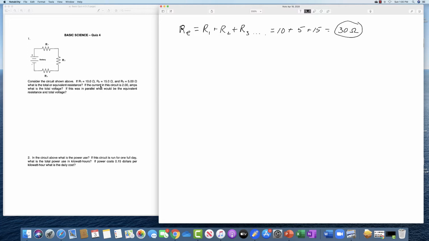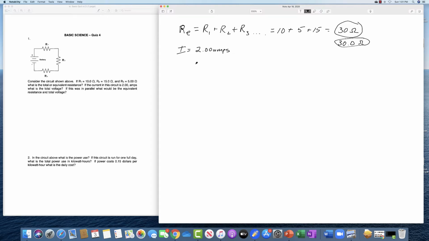The second question says if the current, which is I, which represents the flow of electrons, is 2 amps, what's the total voltage?